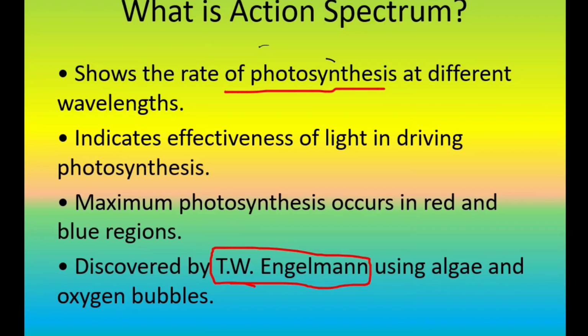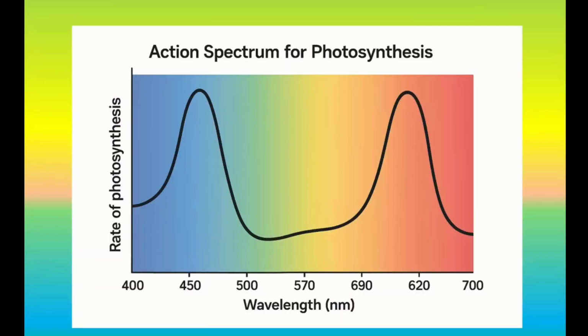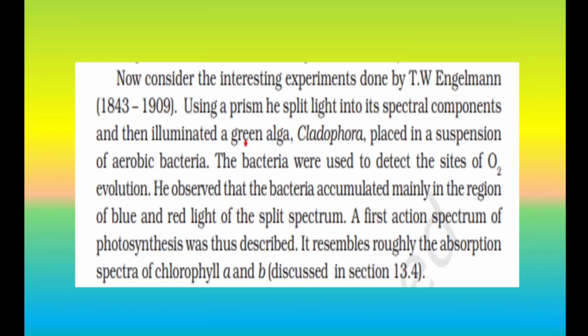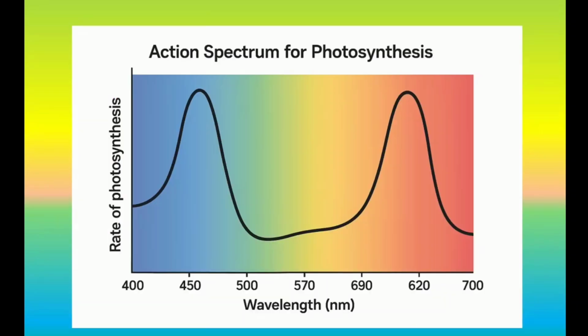So we'll see Engelmann's experiment also, but first let's see the graph of the action spectrum. Yeah, this is the graph of the action spectrum. So you can see around 400 to 450 nanometer, the highest photosynthesis takes place. So 450 represents the blue light.